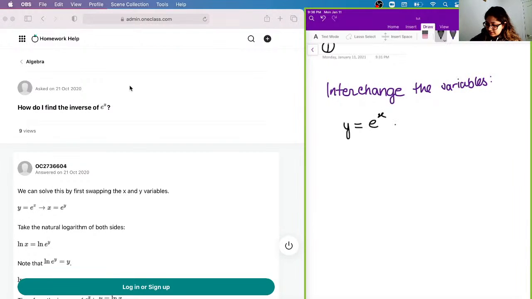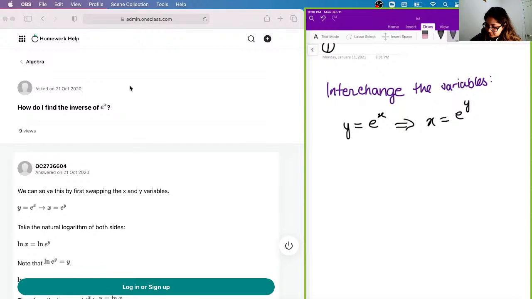We swap the variables, where now x is equal to e to the power of y. Now we have to take the natural logarithm of both sides.